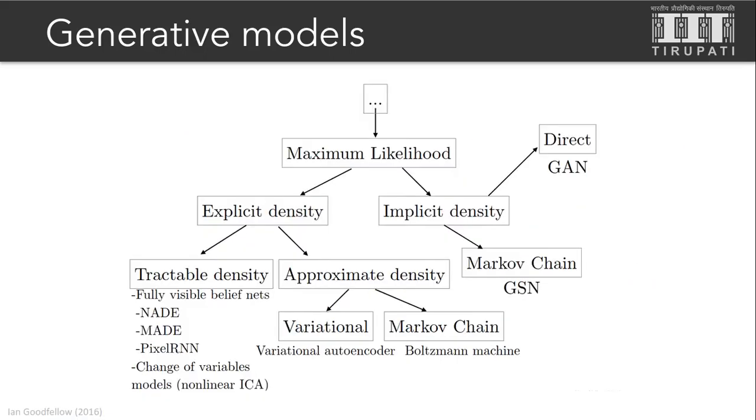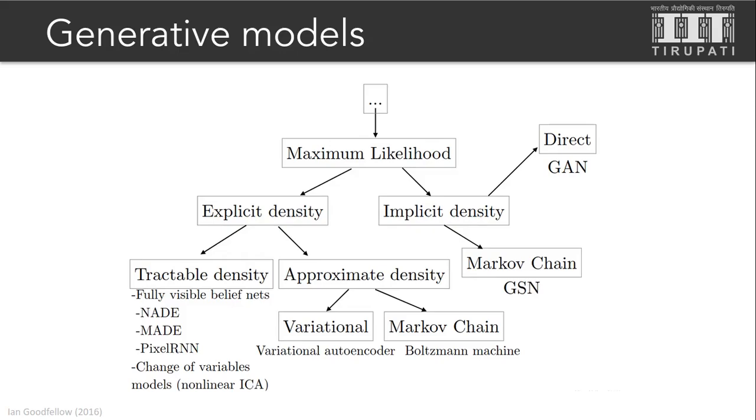So here I will give you an overview. We have different types of methods available under generative models. We have some tractable density methods, which include PixelRNN and these things, and then we have variational autoencoders, Boltzmann machines, and on the right-hand side we can see we have GANs.